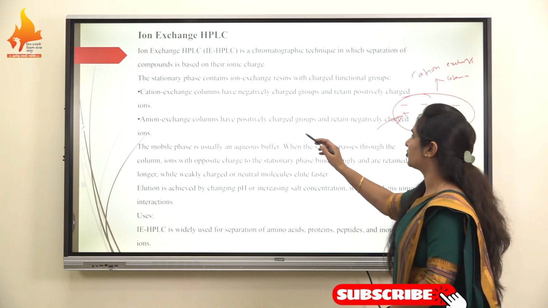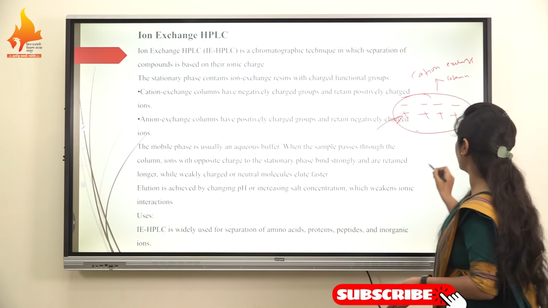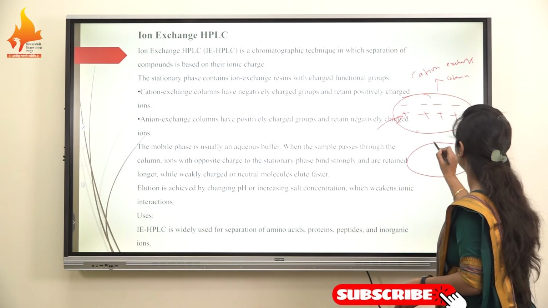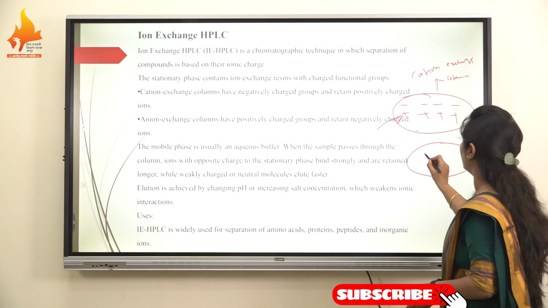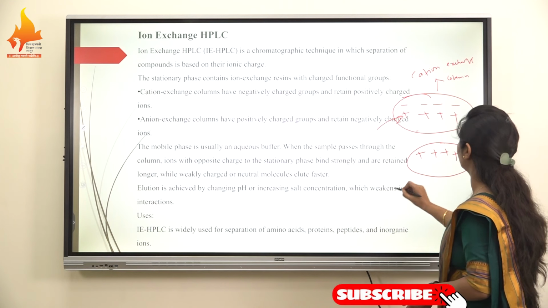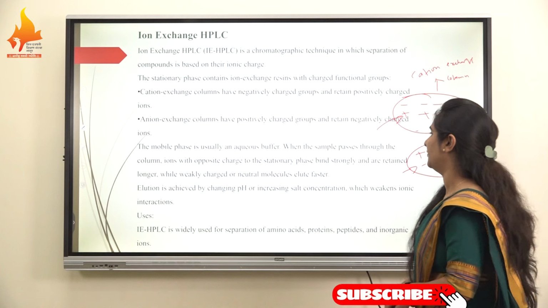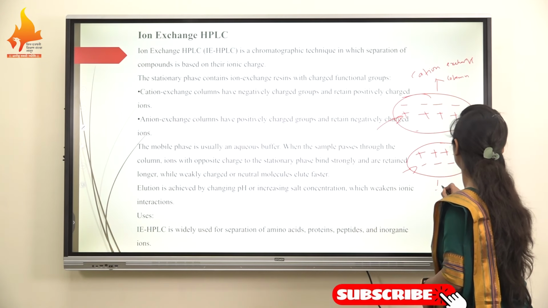Opposite to that, an anion exchange column has a positively charged group, and it retains the negatively charged ions.